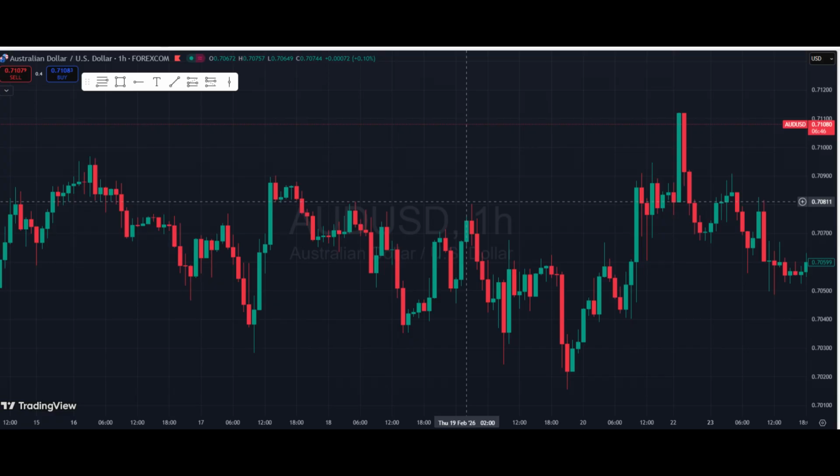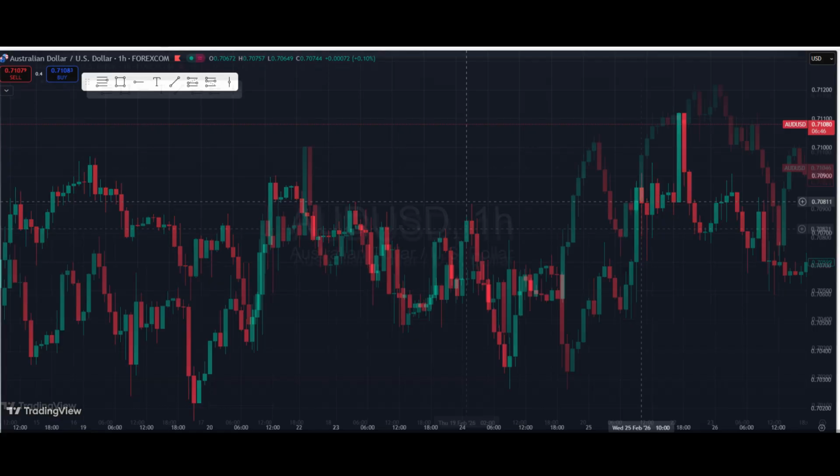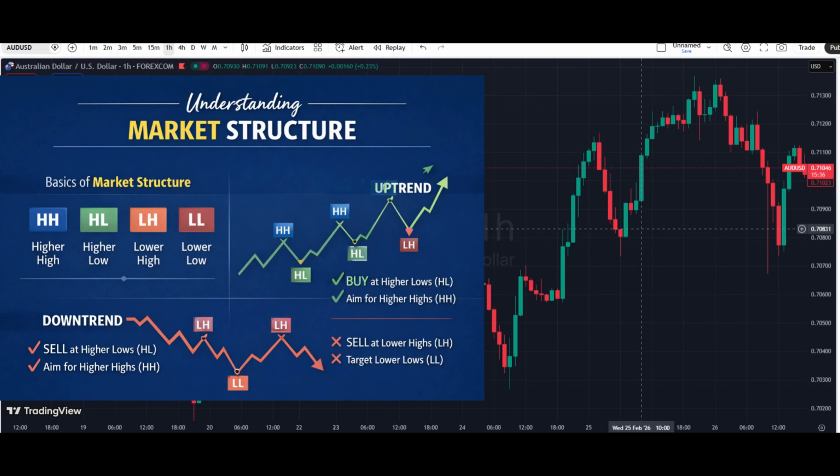Now looking at the left side of the image, you will see the four building blocks: the higher high, the higher low, the lower high, and the lower low. These four define trend direction. Let's break this down more.